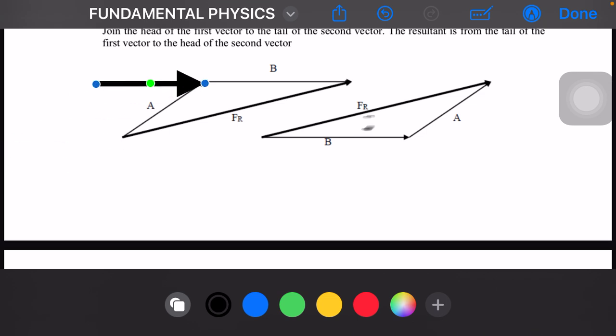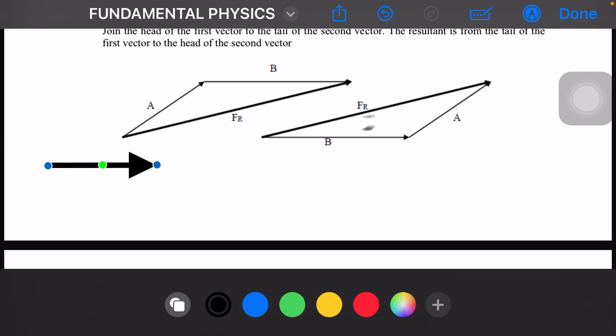You go to the tail of that vector and draw a straight line, then you go to the head of that vector and draw a straight line where they meet. It's important to measure a scale. You need to put a scale while you're using the head and tail method.